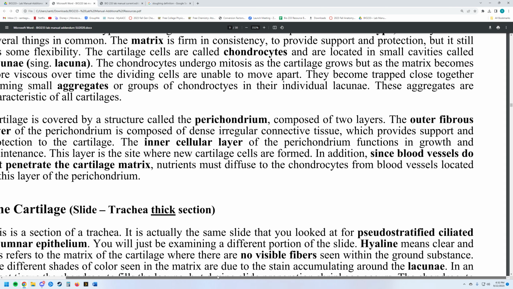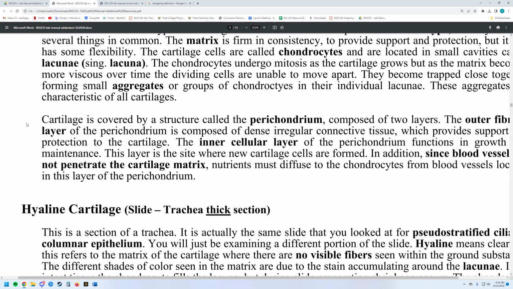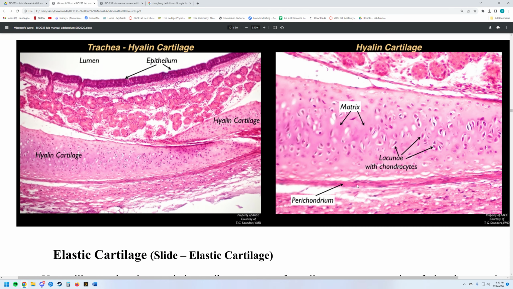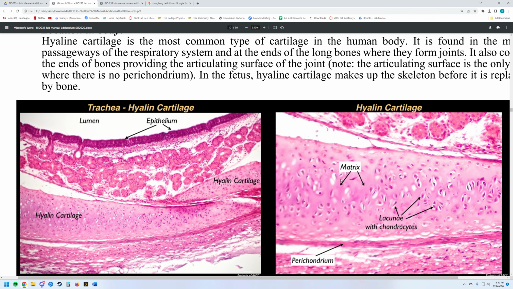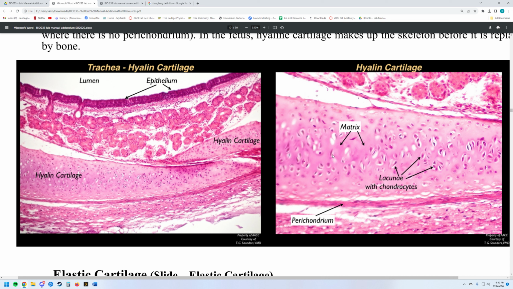It's composed of two layers, the outer fibrous layer and the inner cellular layer. So looking at the perichondrium, the fibrous I think is on the bottom side and the cellular is on the top. That doesn't make sense. It would be the other way, right? Because it has to diffuse from, well, unless that's the lumen.